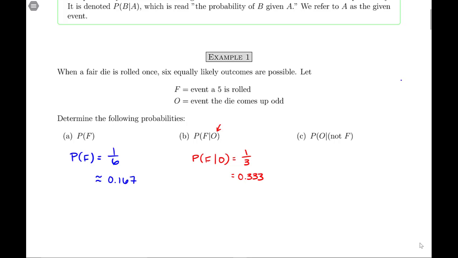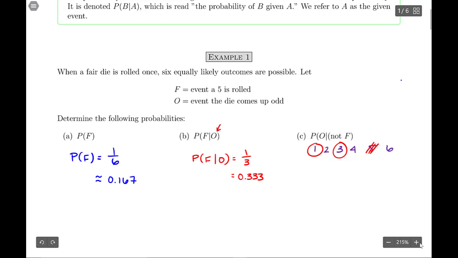And then finally we have part C, it's the probability that the number is odd, given that it's not a 5. So given that it's not a 5, let me write out the numbers on a die. 1, 2, 3, 4, 5, 6. Given that it's not a 5, we're taking 5 completely out of the mix. What's the probability that it is odd? Well, that only leaves us with 1 and 3 as our remaining odd numbers.